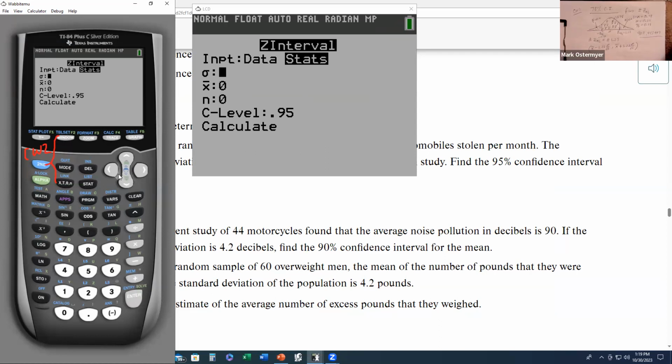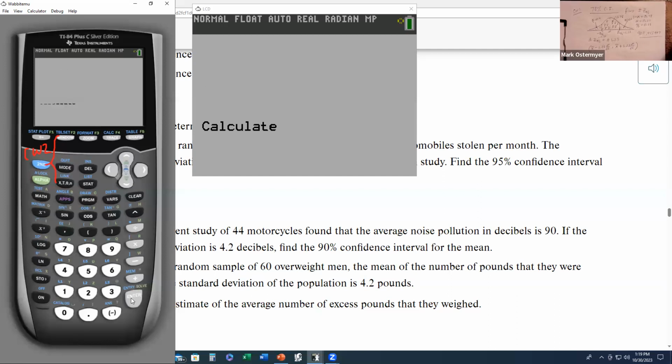Standard deviation was what? 4. The sample mean was 54. Sample size was 32 months surveyed randomly. 95% level of confidence, 0.95, and we're ready to calculate the interval.